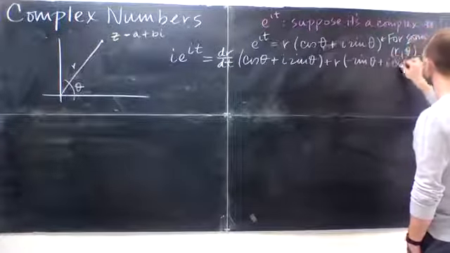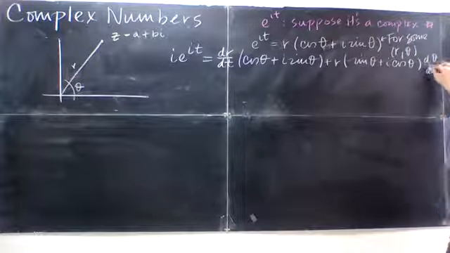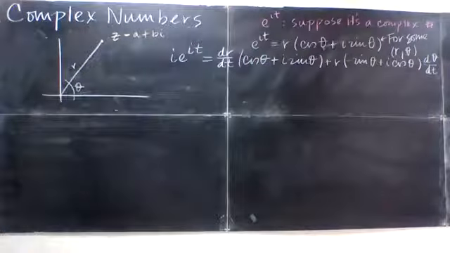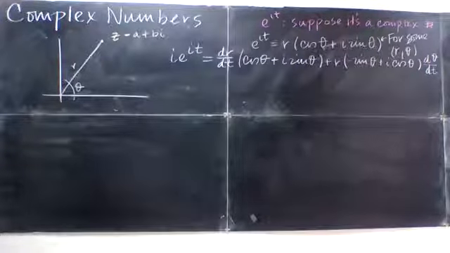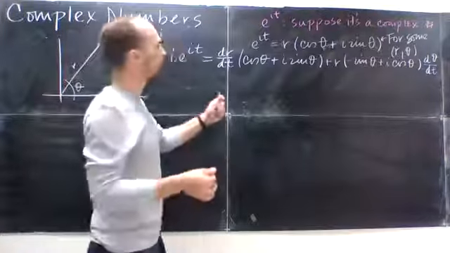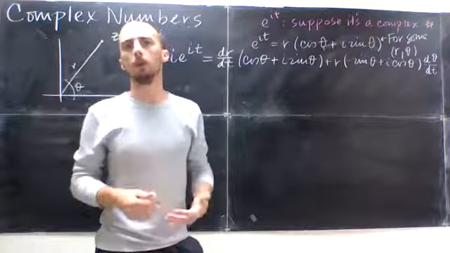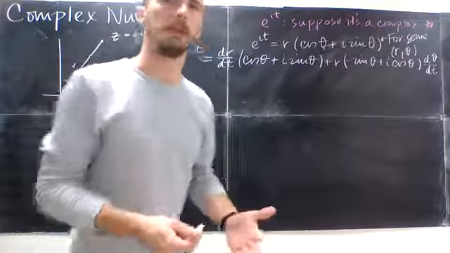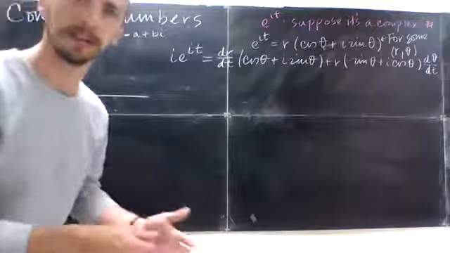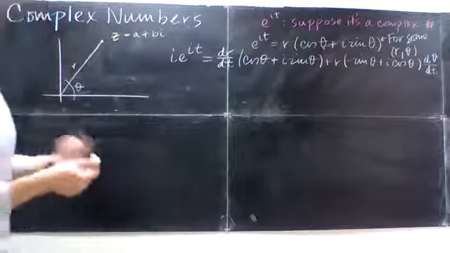Plus i times the cosine of theta times d theta/dt. Now what I'm going to try to show you is that for dr/dt and d theta/dt, one of them is going to be 0, meaning that it's a constant, and the other one is going to be a different constant that we could use to figure out the relationship between it and t. I'm thinking r is the constant, and we're going to see that theta is t.